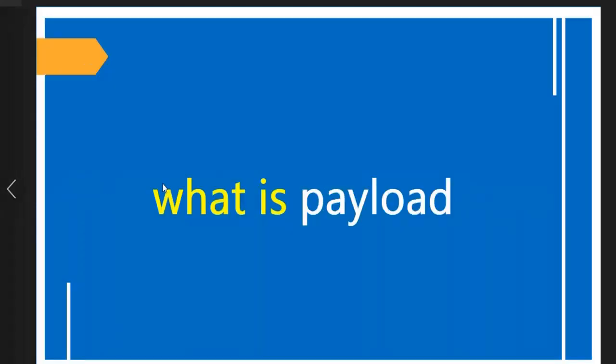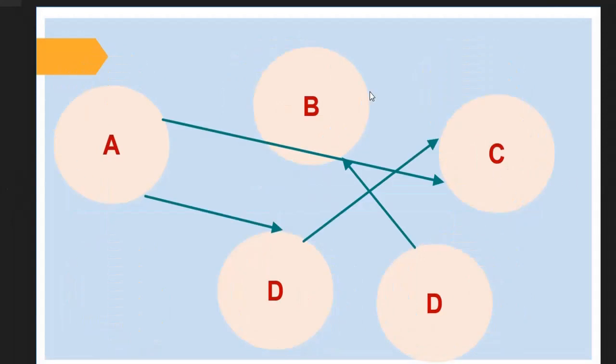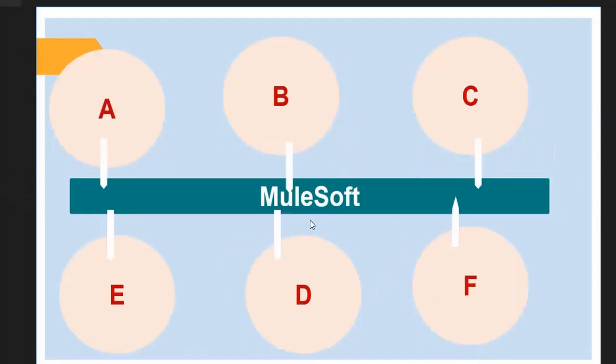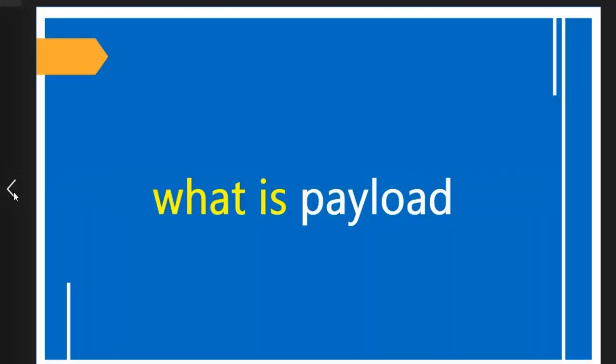It won't communicate directly like in this diagram. We will see these details in depth. I don't want to elaborate here, because it will confuse you at this time. So just remember, Mulesoft is an integration tool. It will allow different services to communicate with each other.